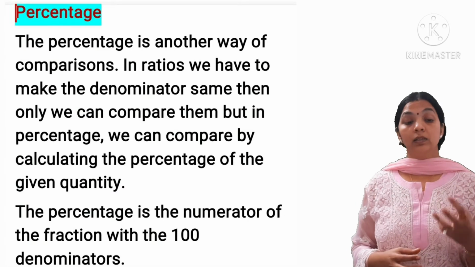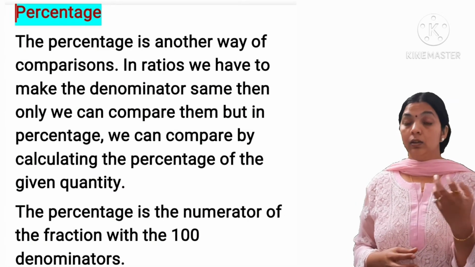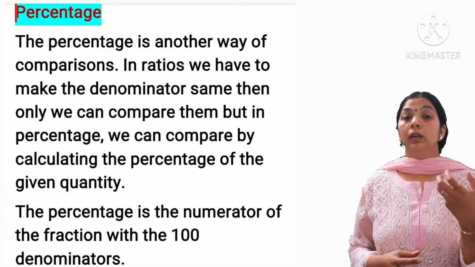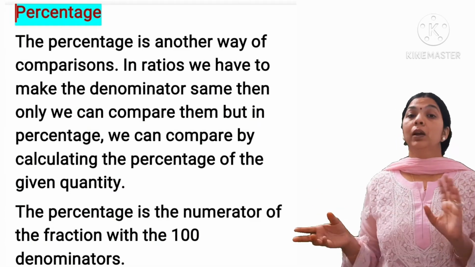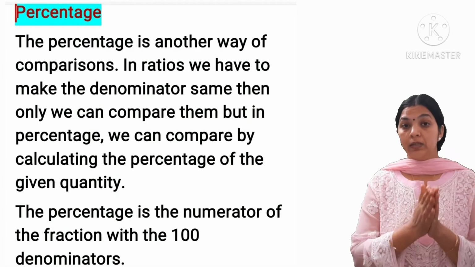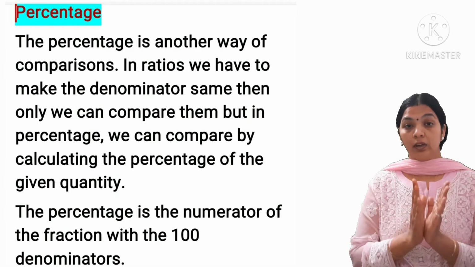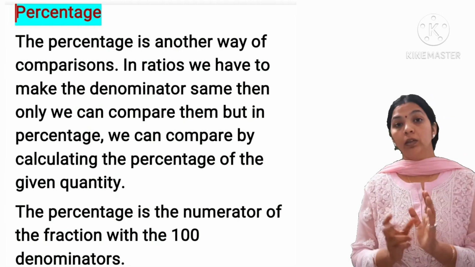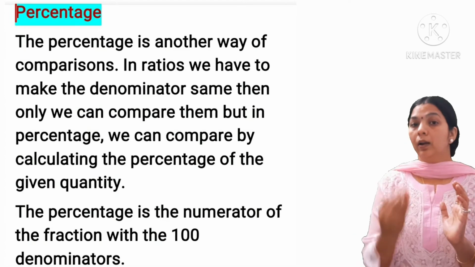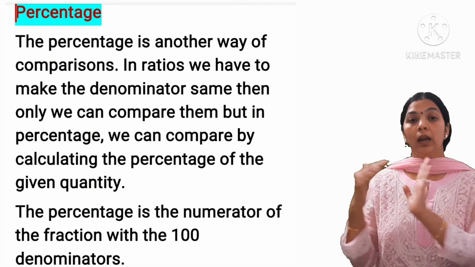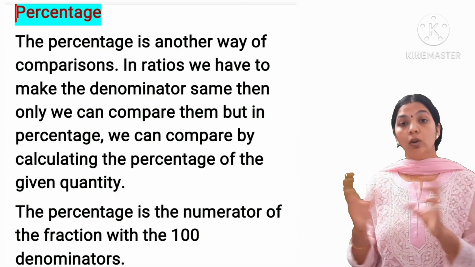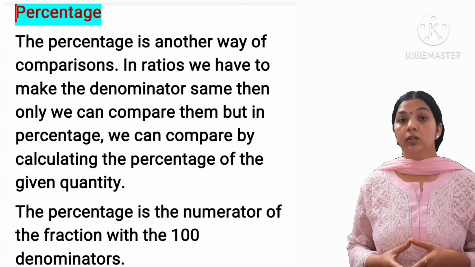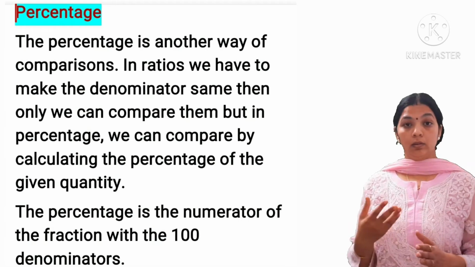So in percentage, each quantity has its own value, and they can be compared directly, because in percentage any given ratio is converted into percent, that is per 100. It is converted into per 100, and the other quantity is also converted into per 100. So the comparison of both the quantities becomes very easy. Directly we can compare in percentage.